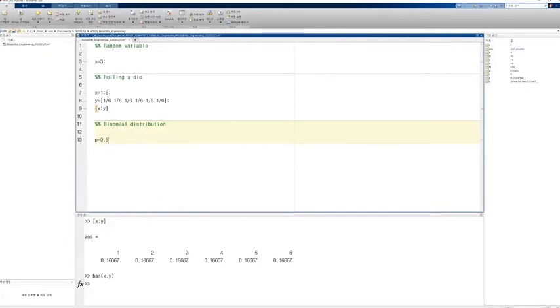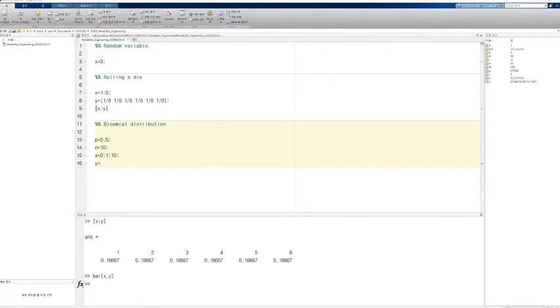If the probability is 0.5, that is the probability of tossing a coin. And if the number of trials is 10, then your x becomes, in the worst case, 0, and in the best case, 10 successes.